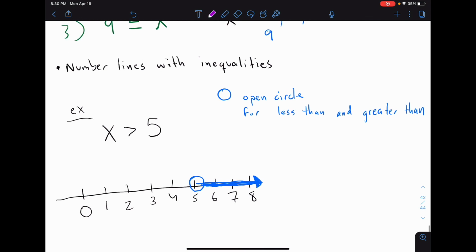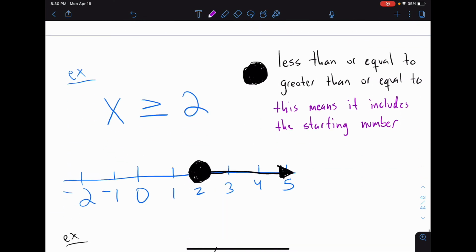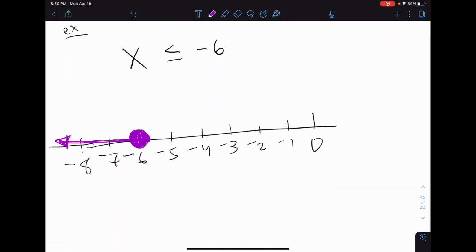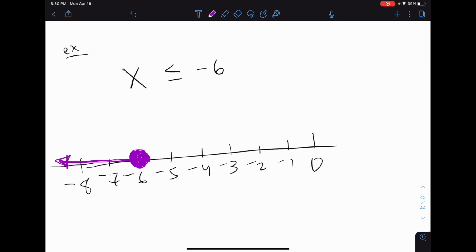The open circle means do not include the starting number. El círculo abierto significa que no vamos a incluir el número con cual comenzamos. Very, very easy. So this one is closed, so -6, -7, -8, -9, and I keep going.